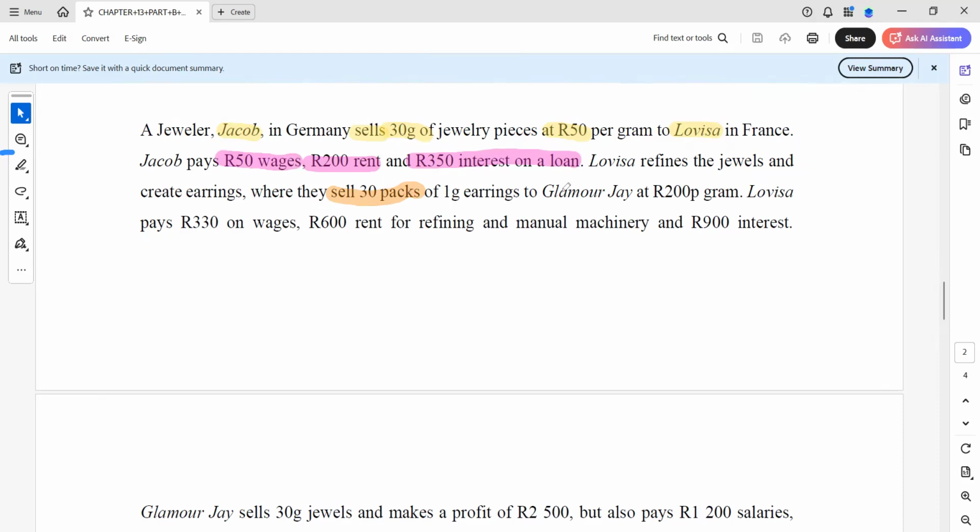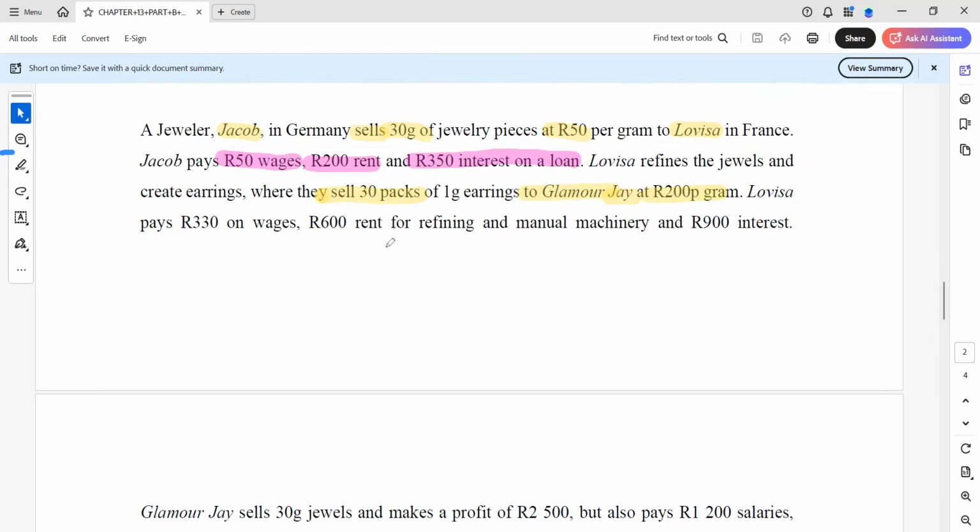He sells 30 packs of one earring to this one, to J, yeah. I'm sorry about that. So Lovisa will sell 30 packs of one earring to J at what? At 200 per gram, right.